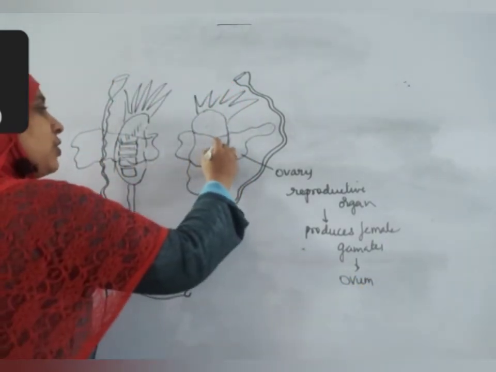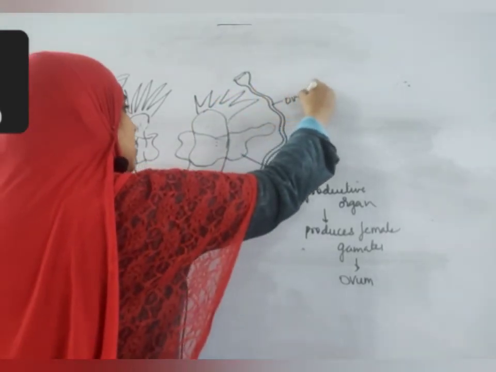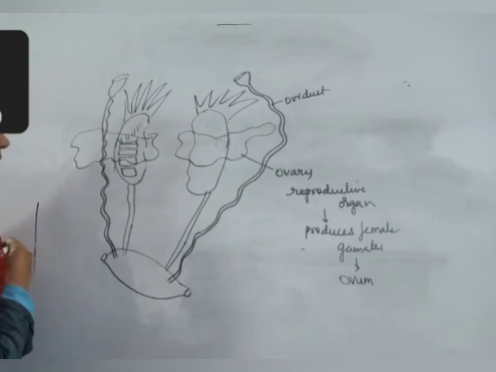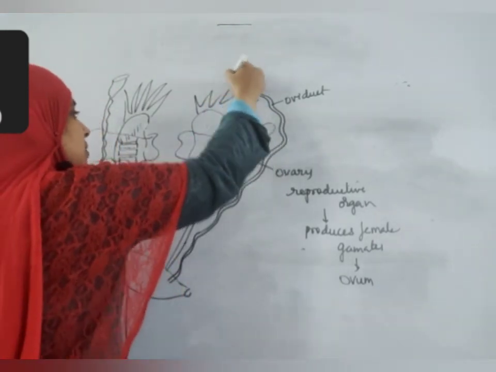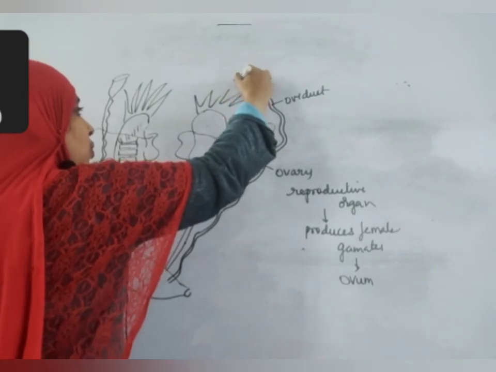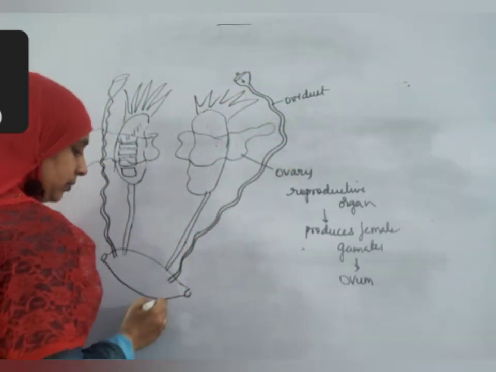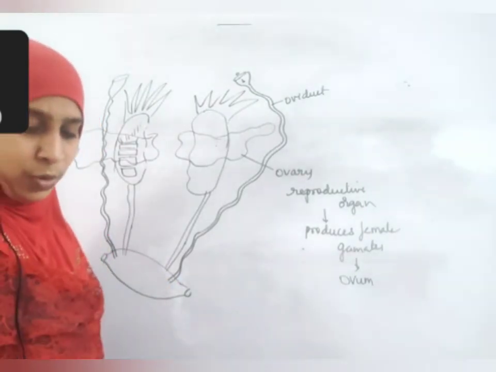After it is produced, where is it going? This is called the oviduct. The oviduct has a funnel-like structure in the beginning. This funnel-like structure receives the ovum, and this ovum will transfer into the oviduct, enter into the cloaca, and finally it is excreted out of the body.